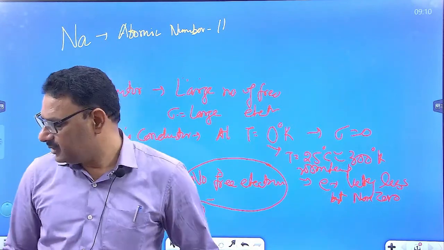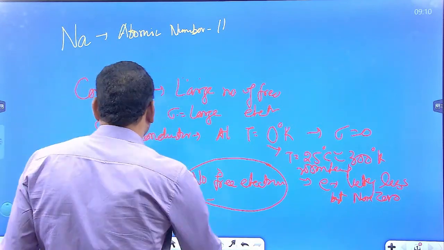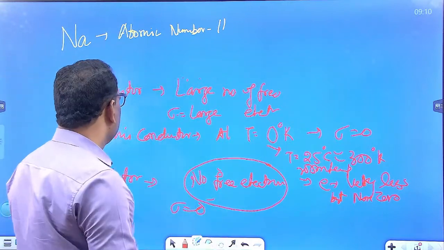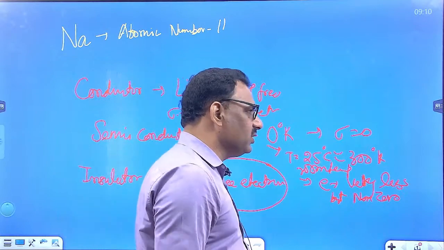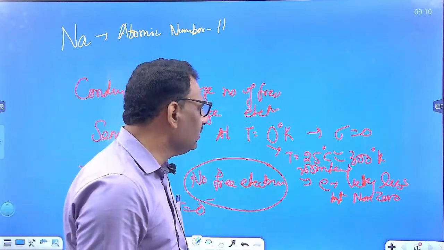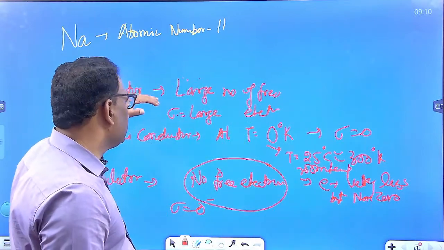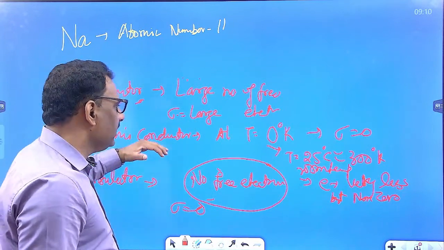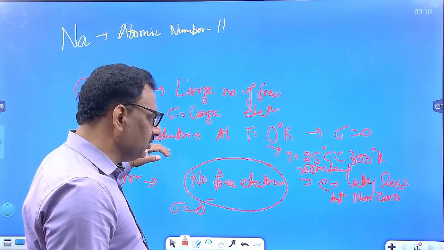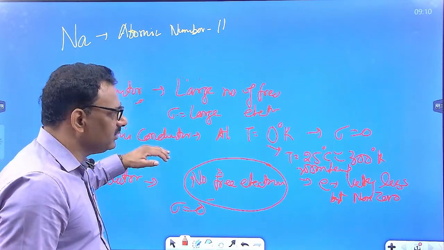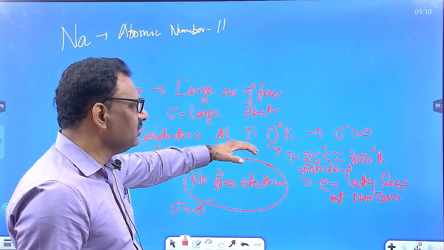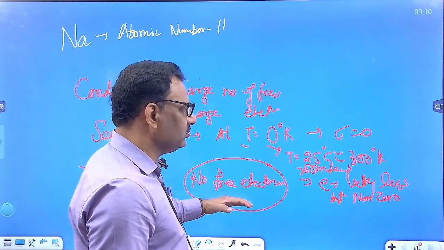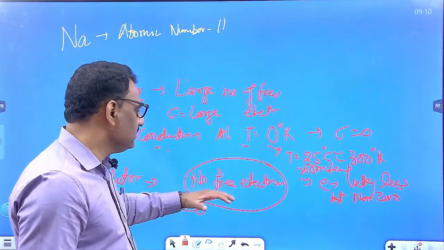So this is one component on which we can differentiate conductor, semiconductor and insulator on the basis of free electrons. The conductor has a large number of free electrons. The semiconductor has very few but non-zero at room temperature, and 0 at absolute temperature 0 Kelvin. The insulator has no free electron, so conductivity is 0.